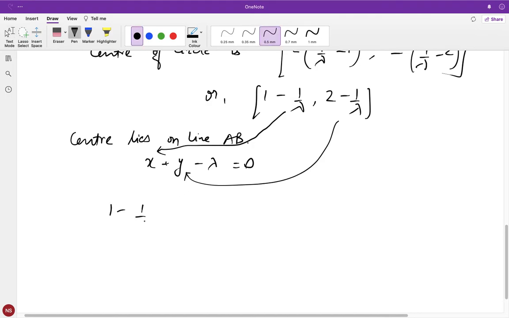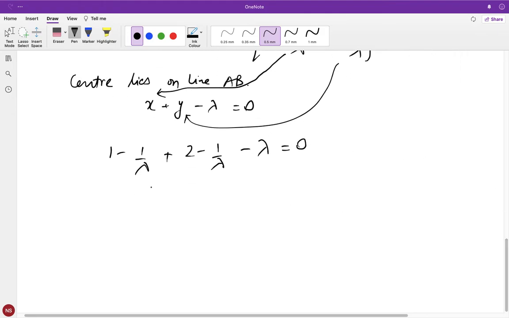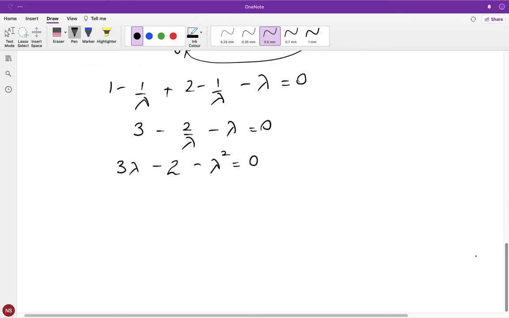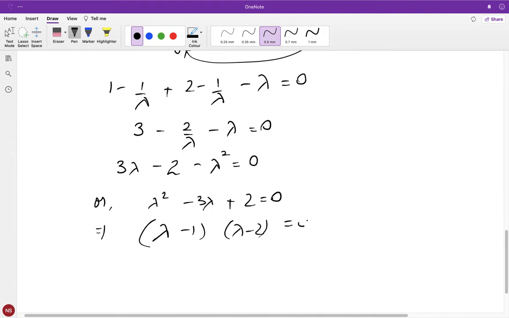So 1 minus 1 by lambda plus 2 minus 1 by lambda minus lambda is equal to 0, which means 3 minus 2 by lambda minus lambda is equal to 0, or 3 lambda minus 2 minus lambda square is equal to 0, or lambda square minus 3 lambda plus 2 is equal to 0, which means lambda minus 1 into lambda minus 2 is equal to 0. So lambda is either 1 or 2.